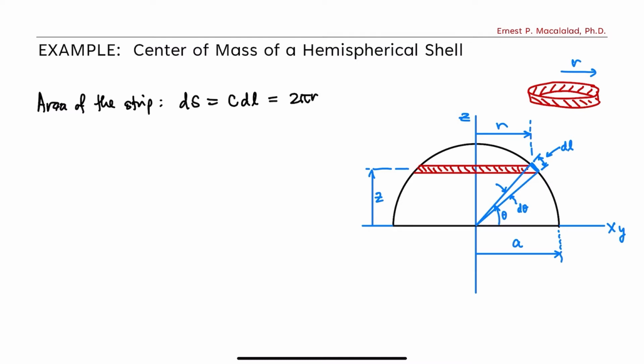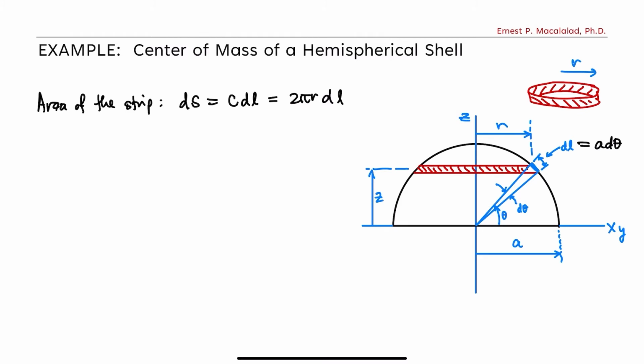So this becomes 2 pi r dl. From here, we can see that dl is equal to the product of this infinitesimal arc element d theta times the radius a, so this becomes a d theta.